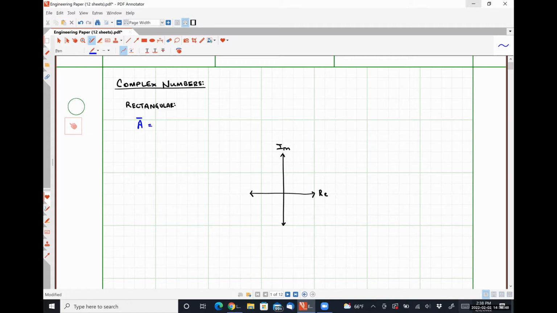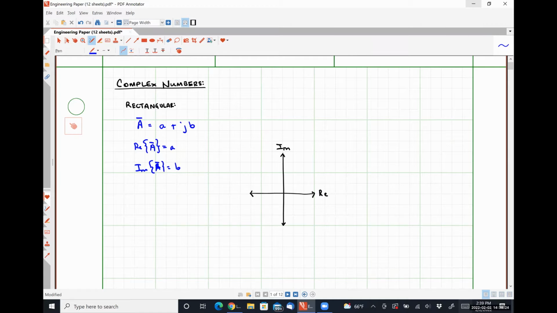So in rectangular form, complex numbers are expressed as a real portion, which I'm going to call lowercase a in this case, plus jb. So the real part of complex number A is lowercase a, and the imaginary part of complex number A is lowercase b.